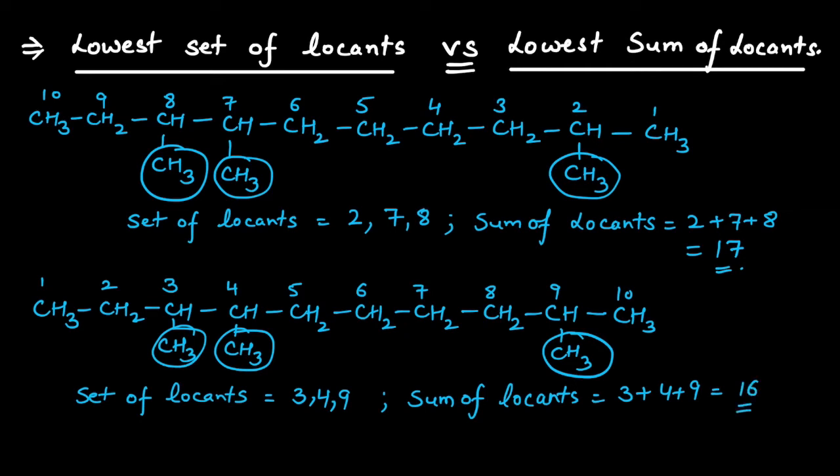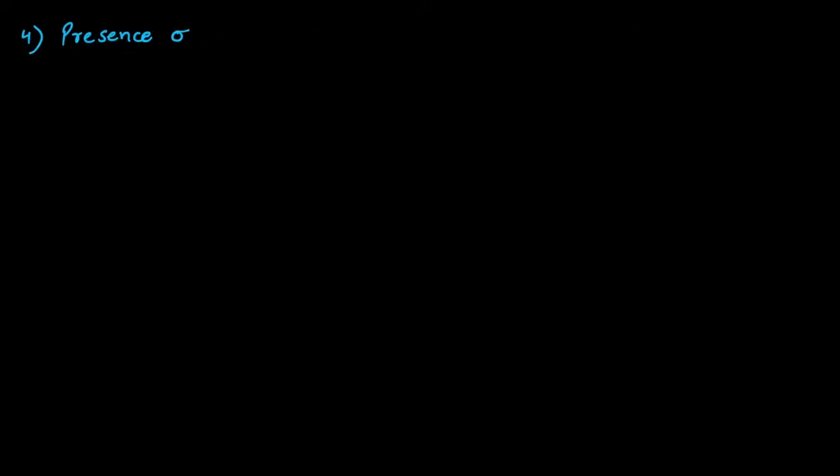So the sum of locants in the second case is lesser. But as I have said earlier, we will give preference to the lowest set of locants. So the first example is correct, while the second naming is incorrect.